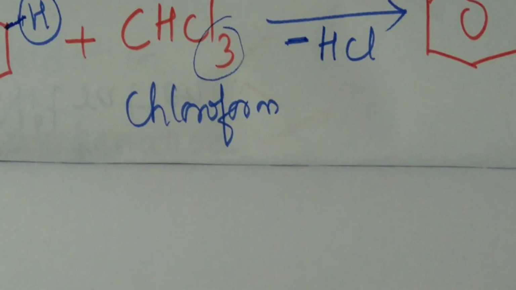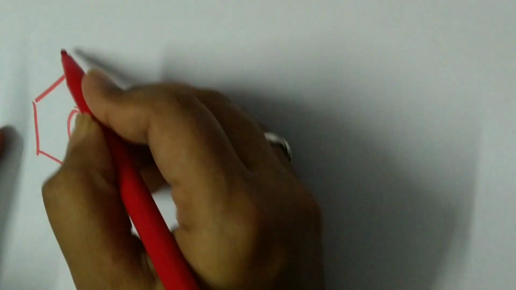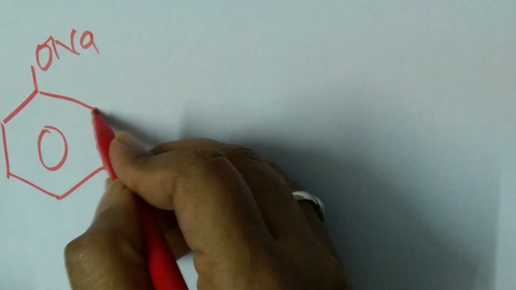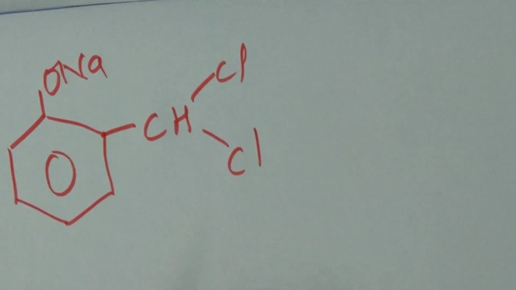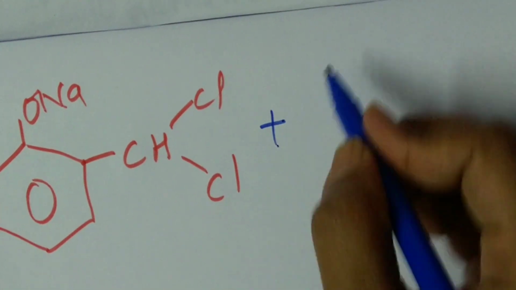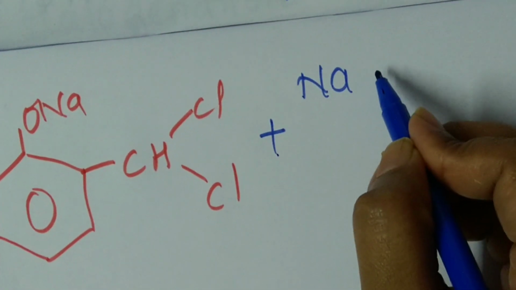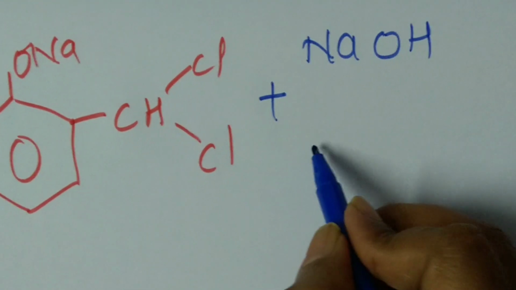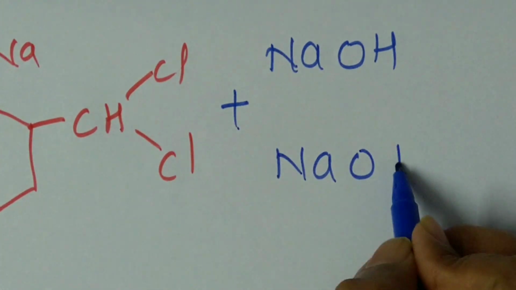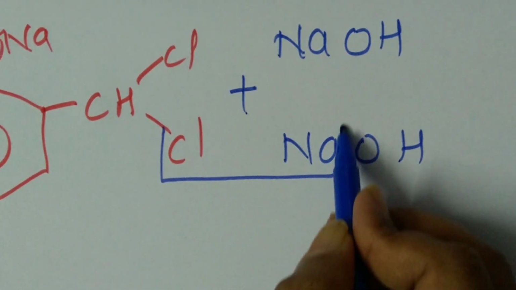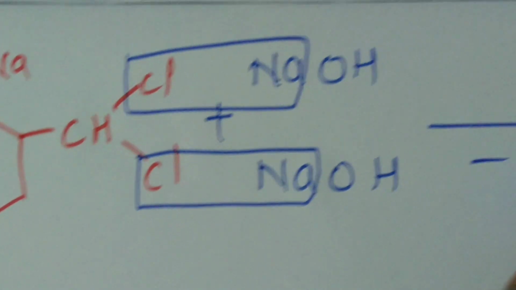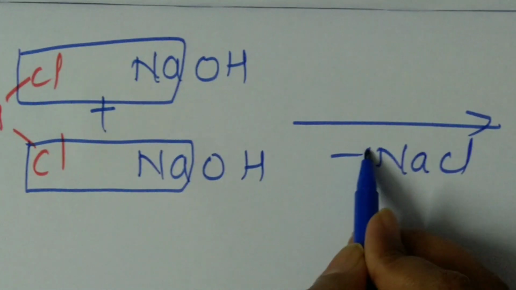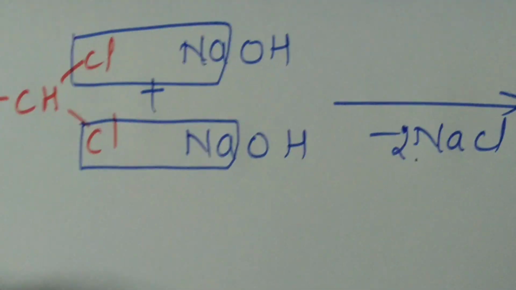I am going to take this particular compound, ONa, CHCl2, to which I am going to react it with 2 molecules of NaOH. So NaCl is removed. Minus NaCl. How many? 2. So what we are left out with?